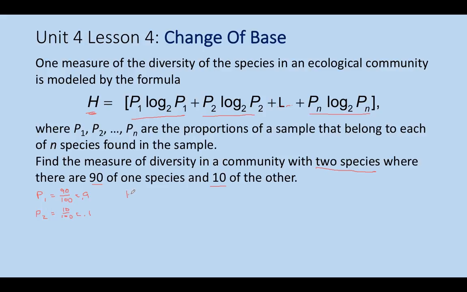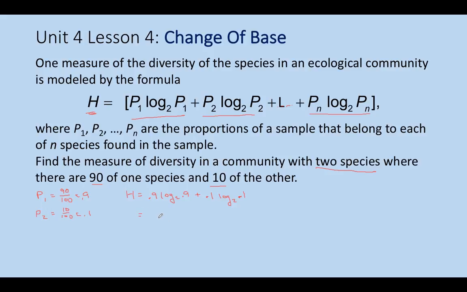So at this point, my H value that is gauging how diverse the community is, well, we'll say 0.9 times log base 2 of 0.9, and then plus 0.1 times log base 2 of 0.1. All right, well, moving through this example here, all I really need to do is do the change of base: log of 0.9 divided by log of 2, take that and then multiply that by 0.9.